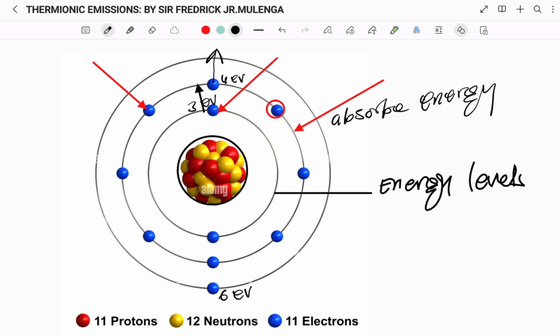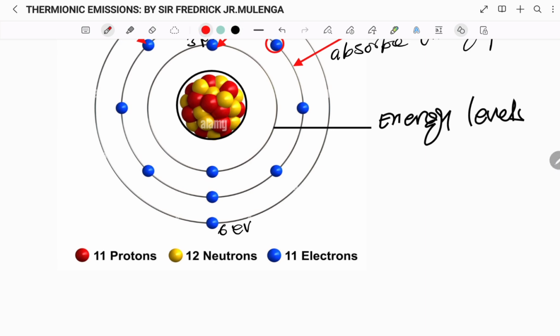Once that happens, it is said that an atom has emitted electrons. What has made this atom emit electrons? Remember, we applied energy to it.